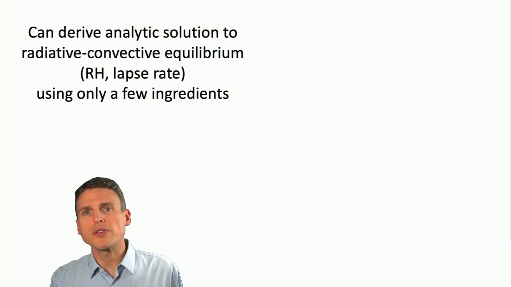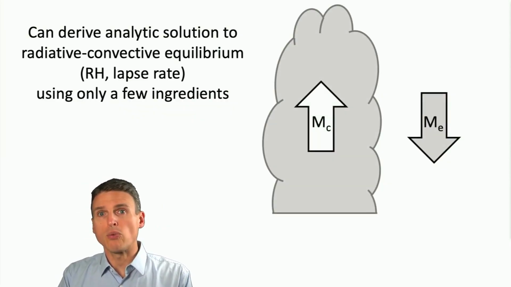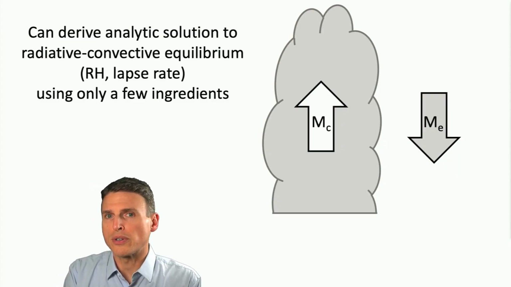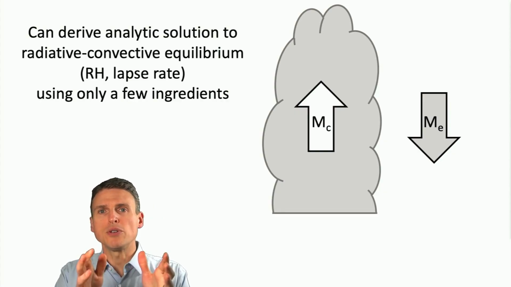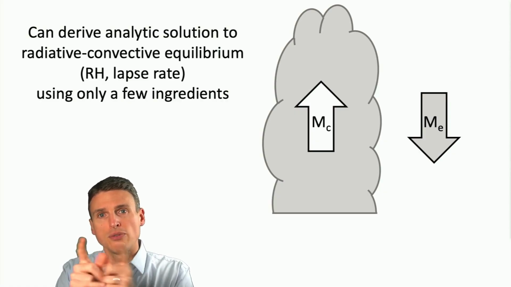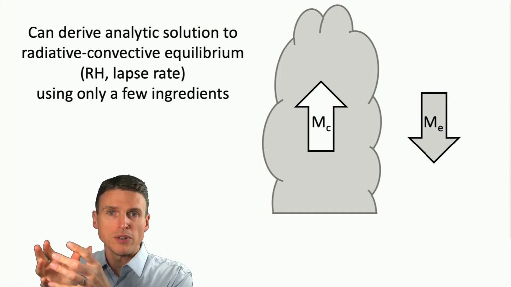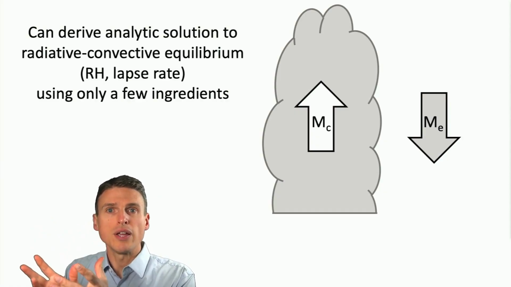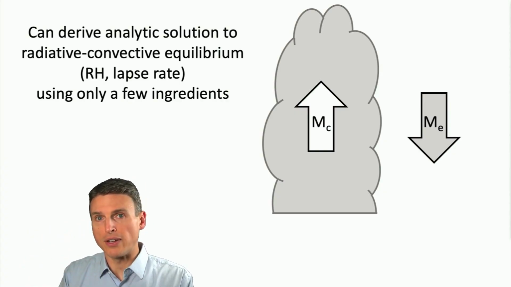First, we need to model the atmosphere using bulk plume equations. We'll have one bulk plume equation for convection, which just means that at every height, we'll assume that the convection has homogeneous properties. Likewise, the environment will also have homogeneous properties for that sinking air, and so we will use a bulk plume equation for that as well.